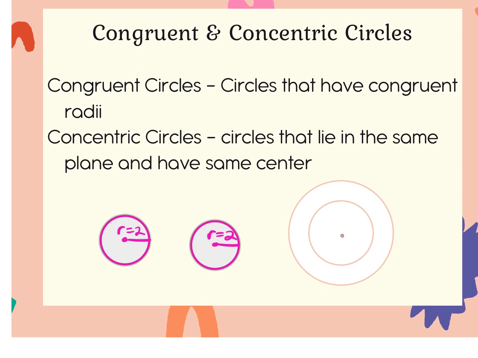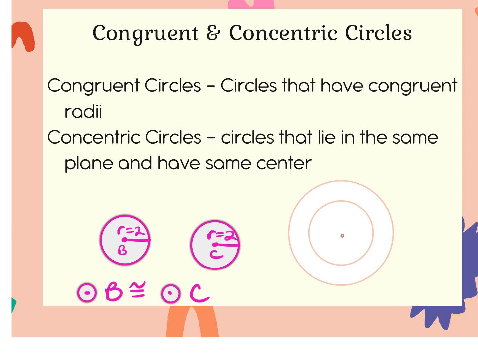I could call this circle B and this circle C, and I could say that circle B is congruent to circle C because they have the same radius length. So that's what we're looking for when we want to describe congruent circles. We're looking for two circles that have the same radius length.